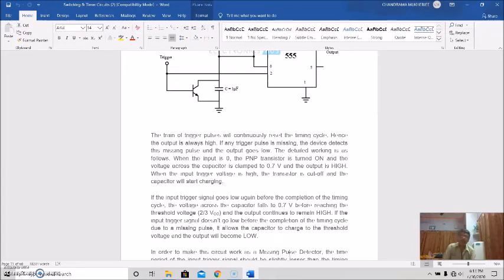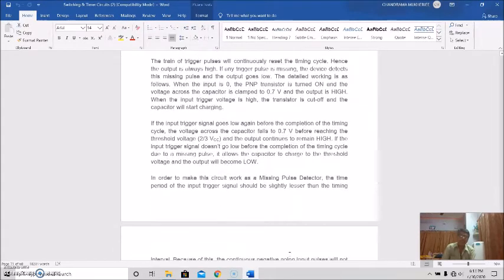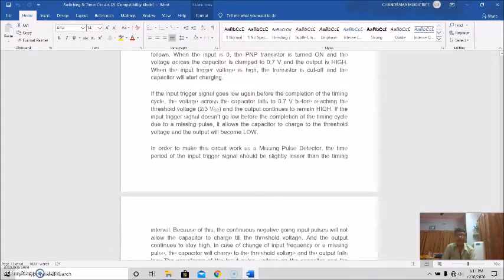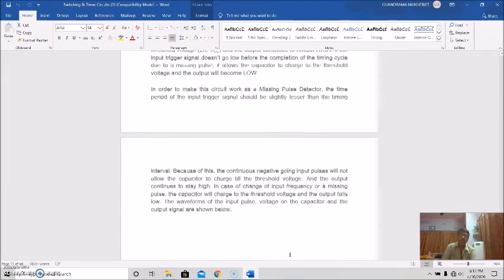So in order to make this circuit a missing pulse detector, the time period of the input trigger signal should be slightly lesser than the timing interval, and because of this, the continuous negative going input pulses will not allow the capacitor to charge till the threshold voltage, and the output continues to stay high. So in case of change of input frequency or a missing pulse, the capacitor will charge to the threshold voltage, and output falls low.